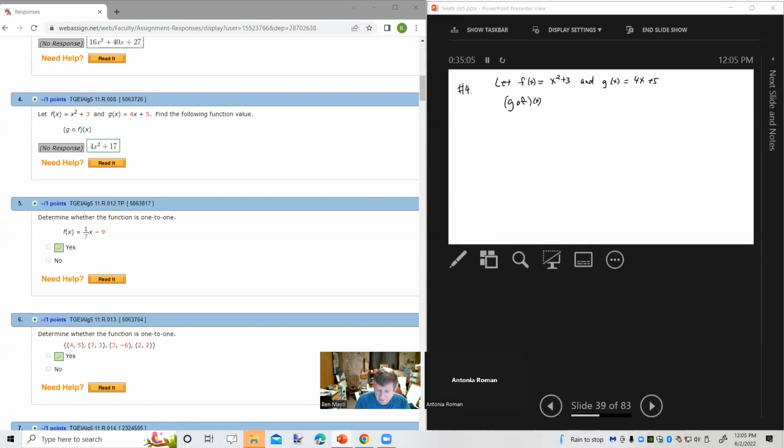G composed with f of x equals g of f of x. What is f of x? It's x squared plus 3. So that's going to go in the place of f of x. So that's g of x squared plus 3.